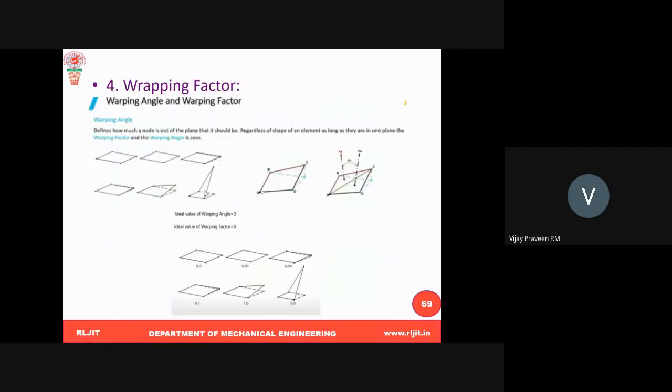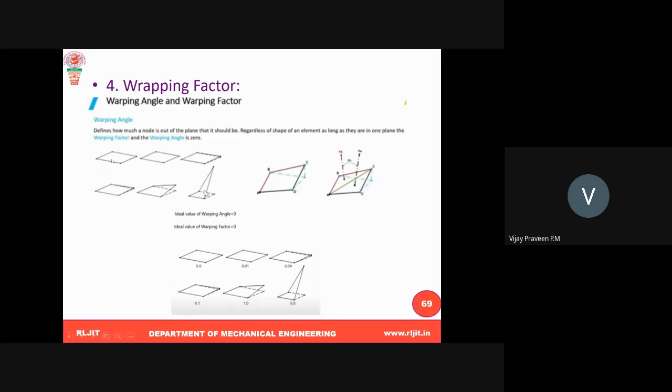Next, warping factor. What do you mean by warping factor? Warping factor defines how much a node is out of the plane. Regardless of the shape of an element, as long as it is in one plane, the warping factor and the warping angle are 0. That is very simple.